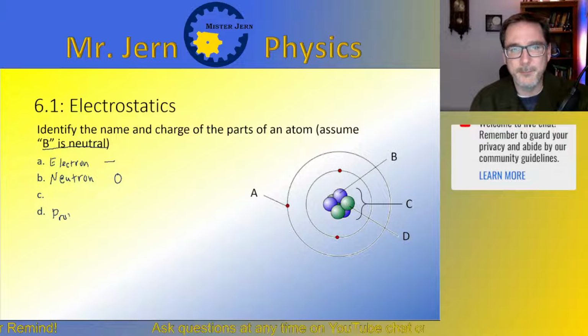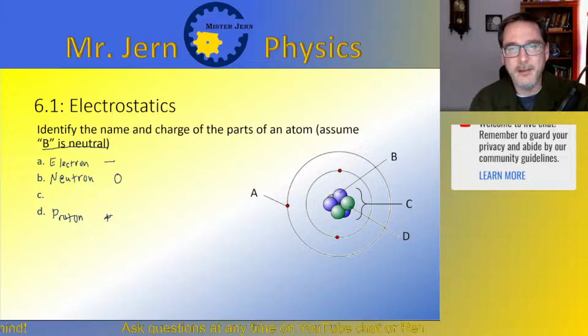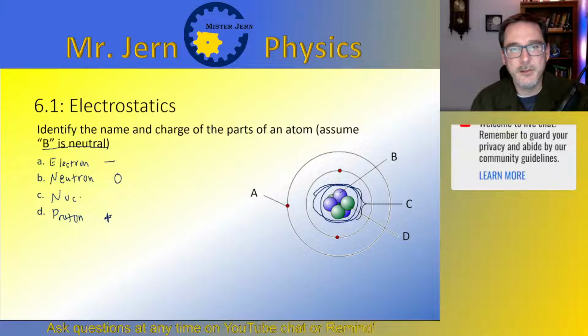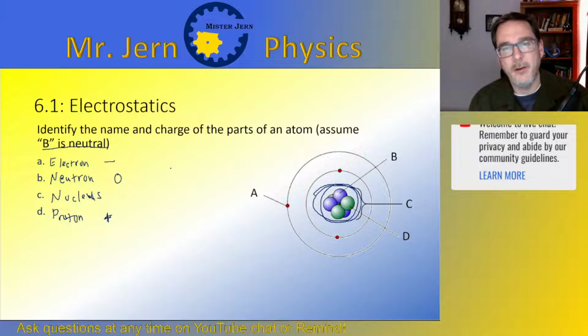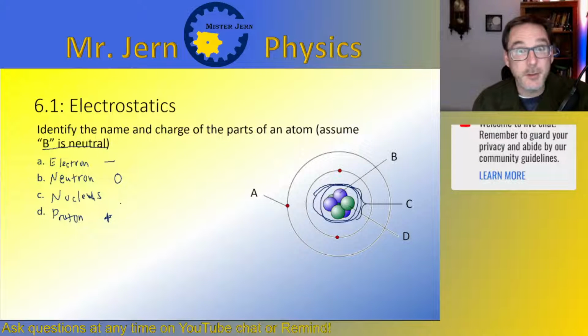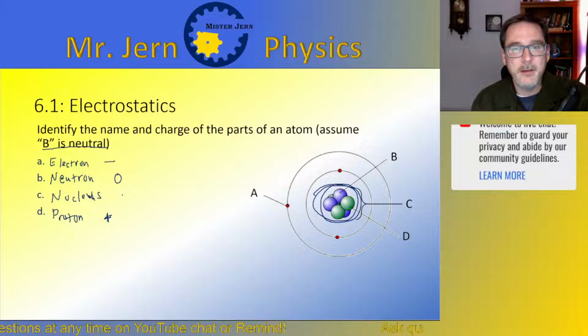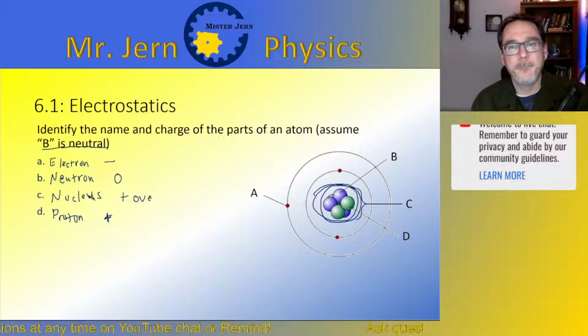So this is the proton. Those are the protons. They are positive, and as some of you pointed out in the Remind, C is talking about this whole thing in the middle here that includes both the protons and the neutrons, and that is the nucleus. Overall, because it only has the protons and the neutrons in it, it is going to be positive overall.